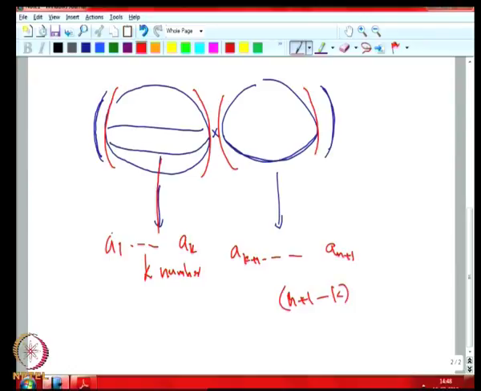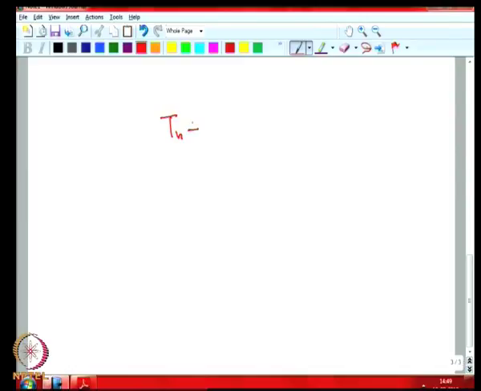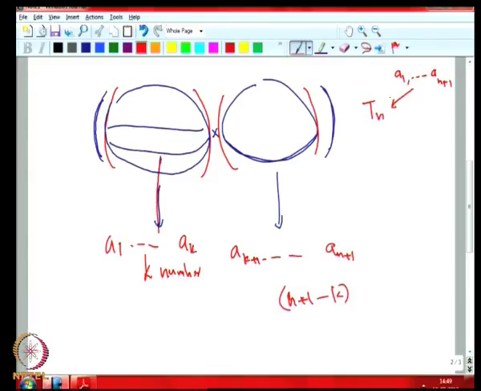Now, to make it faster, I will say that T_n represents the number of multiplication schemes when we consider n plus 1 numbers, a1 to a_{n+1}. It may be easier to understand if I call it T_{n+1} when we have n plus 1 numbers, and then change it later.